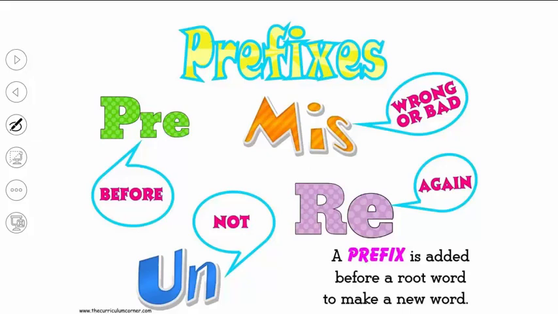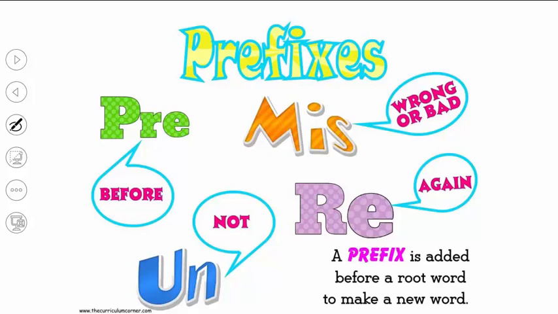So like that, wrong or bad. Re means again. Rewrite. Un means not. Happy, unhappy. So the child is not happy.